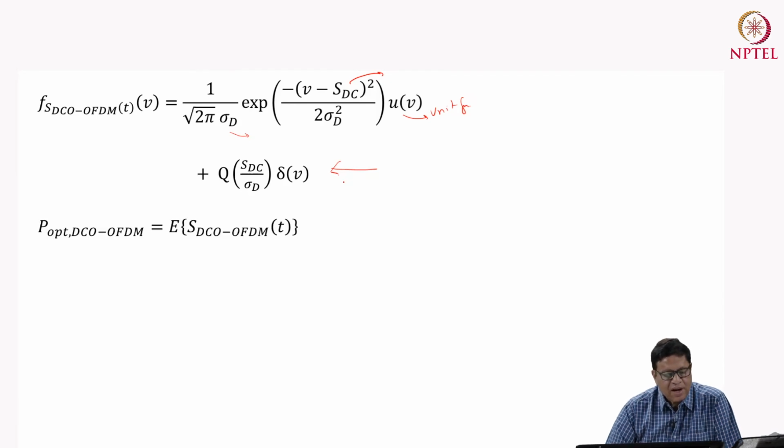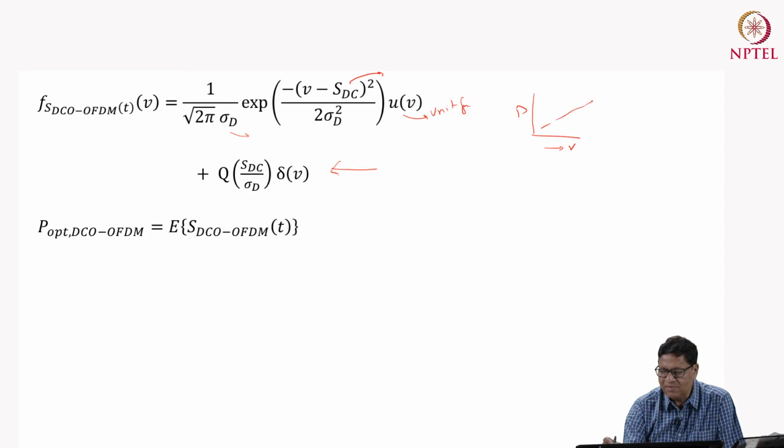If I want to calculate the optical power, because if you give this signal to an LED, depending on the amplitude, the LED will give you an optical output directly proportional to the amplitude of the signal. Recall our characteristic of the LED, this is V, this is P, so this is linear. So you have to take the expected value of this signal, which will give you the optical power of the DCO-OFDM.